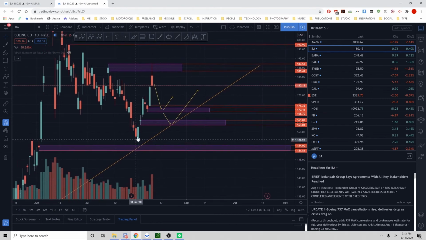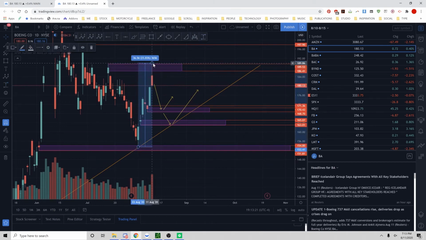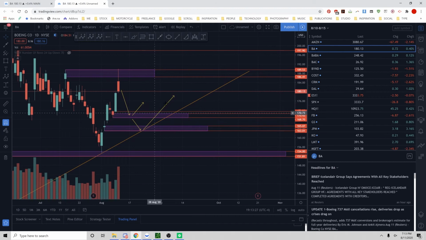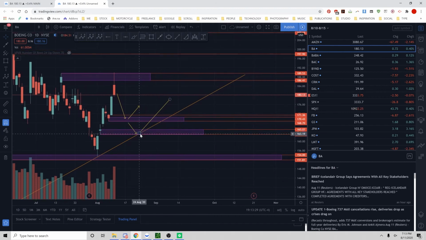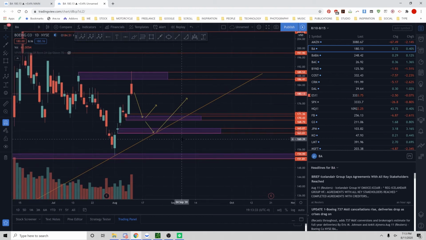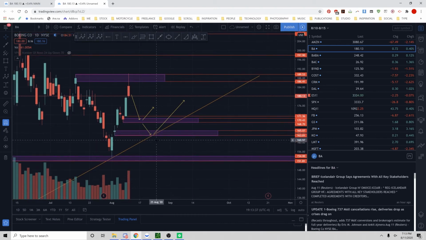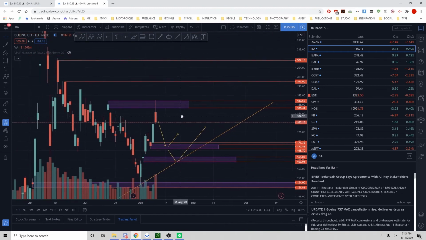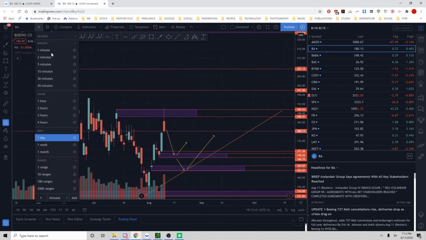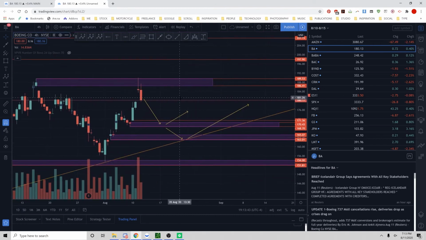The reward, how much was this move so far? A 23%, 24% move. So the risk-reward on a play like that is unbelievable. The risk is that you lose the trend line and this level, you get out of the position immediately, and you can even switch to short once you get out of that position. So I'd be expecting some sort of pullback there.